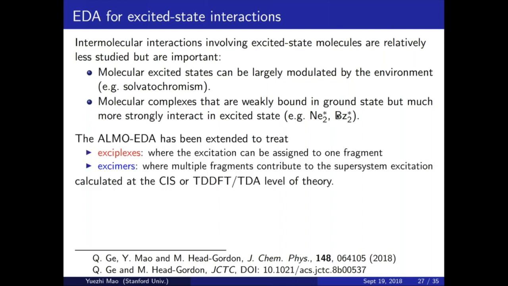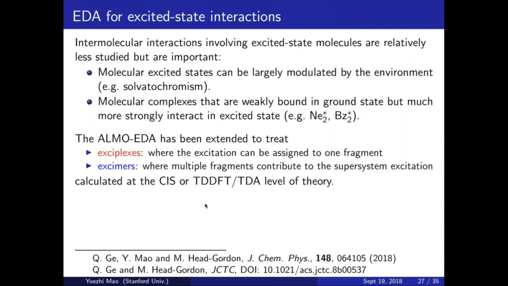And the ALMO-EDA has been extended to treat exciplexes and excimers. The difference between these two is that in an exciplex, the excitation can be assigned to one of the fragments, so it's more similar to the chromophore in solvent case. In excimers, there are multiple fragments that contribute to the supersystem excitation.